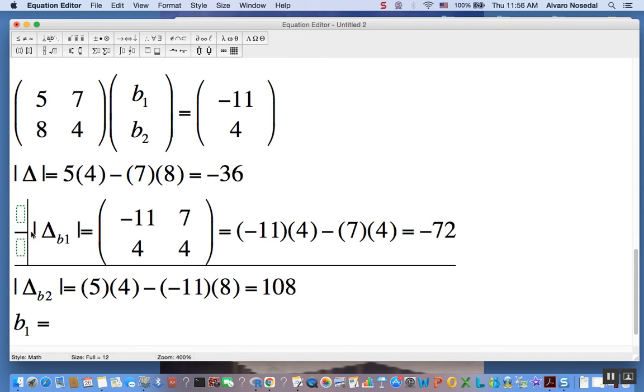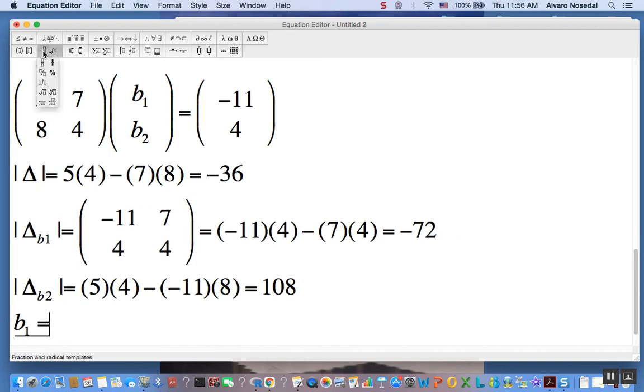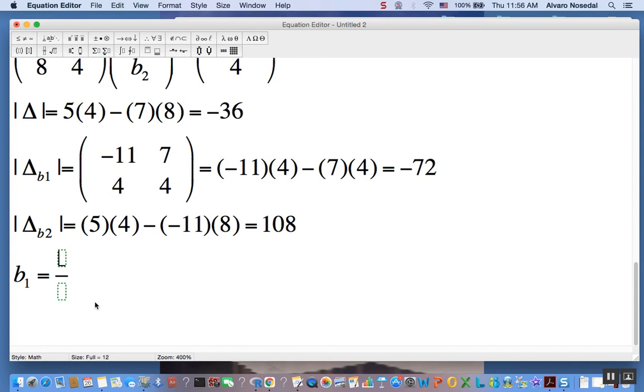It's going to be the result of dividing the determinant of B1 divided by the determinant of the system, delta.